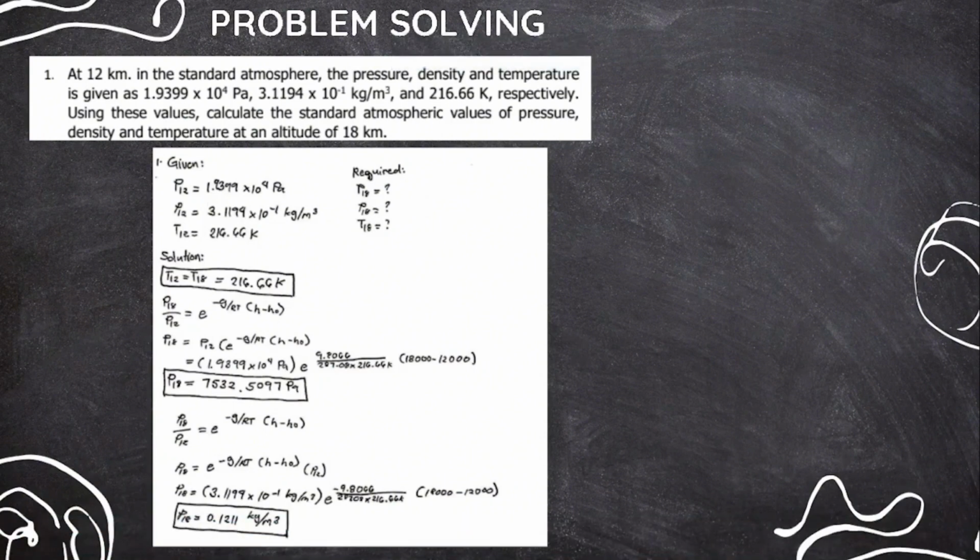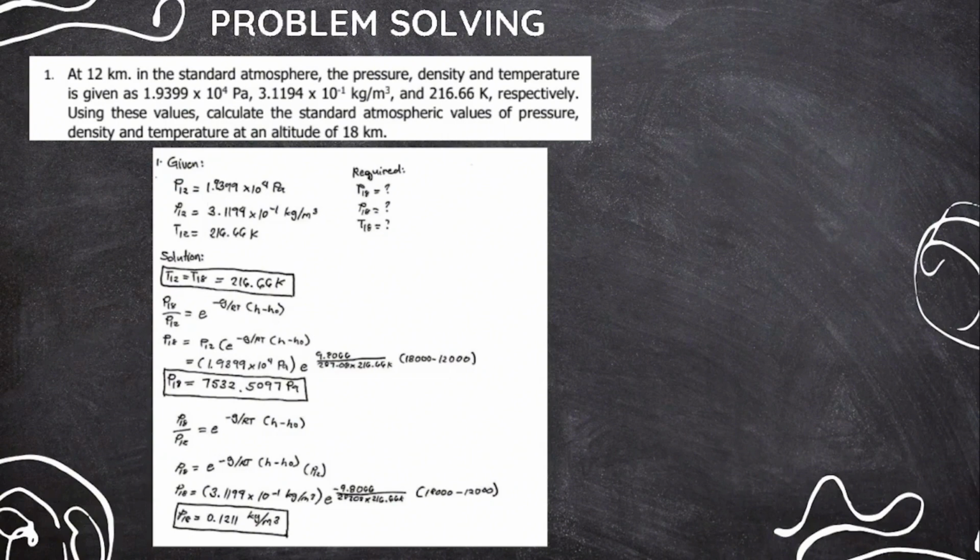We know that the problem is in the isothermal region since it exceeds the 11 kilometers of the gradient region. The condition in the isothermal region is that the temperature is constant at 216.66 Kelvin or 390.22 degrees Rankine.